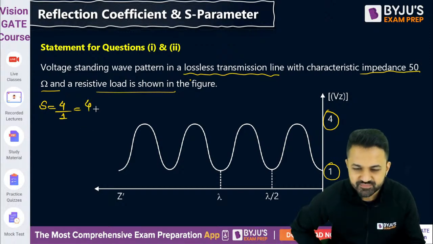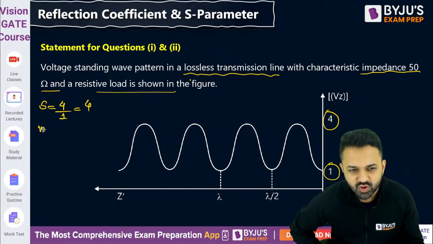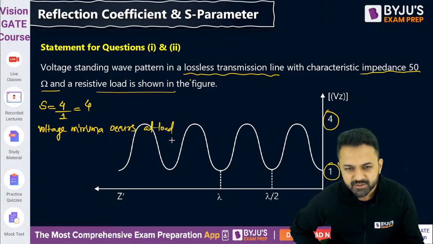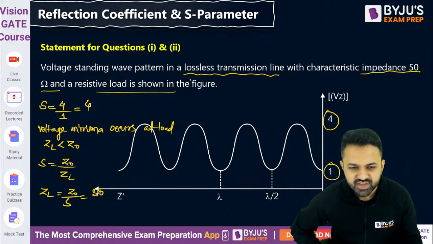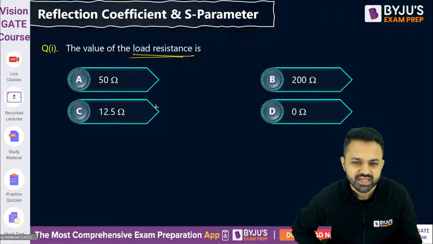And because the voltage minima occurs at the load, that means the load resistance is less than the characteristic impedance, and because the standing wave ratio is given by Z0 upon ZL, in such cases the load resistance is Z0 divided by S. Z0 is 50 divided by S. S is 4, so it is 12.5. So 12.5 ohm is the right answer.